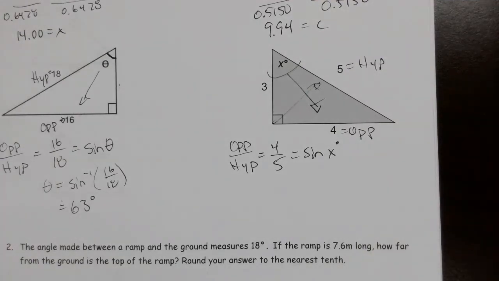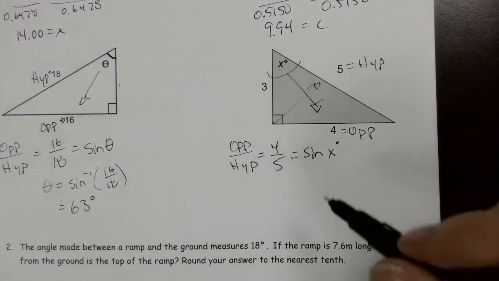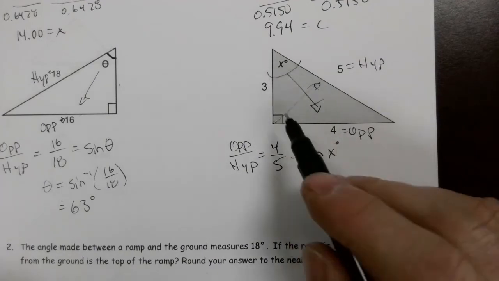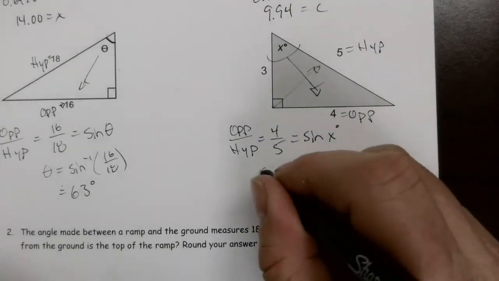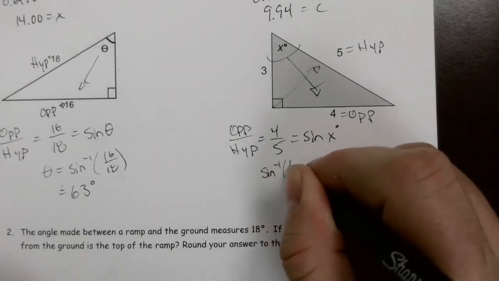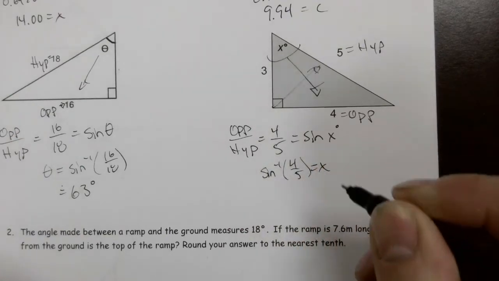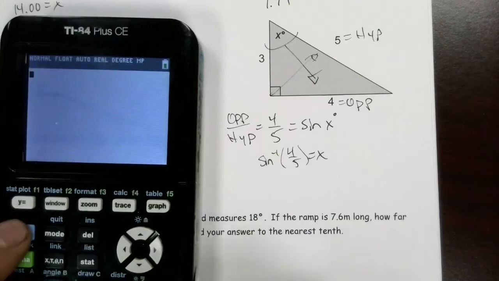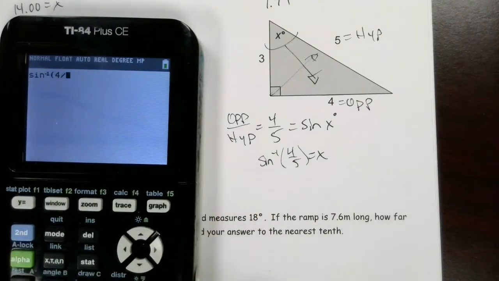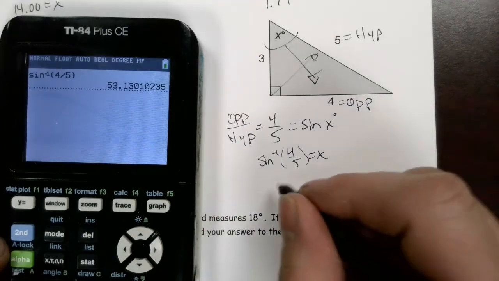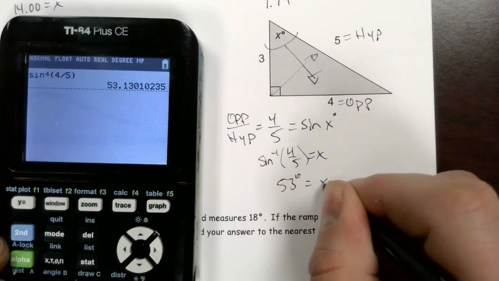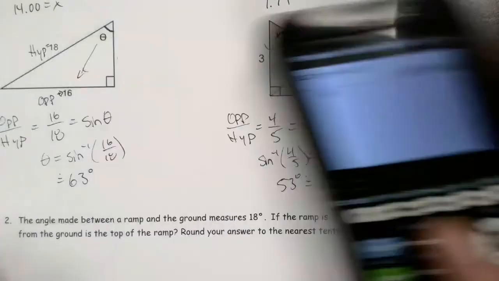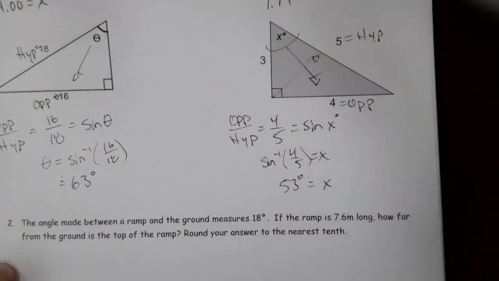And so again here, it's the ratio I've got. What I don't have is that angle that was supposed to give me that ratio. So I use the inverse sine of 4 over 5 to get x, and then I just go to my calculator. Second sine, 4 divided by 5, and I get 53. Approximately 53 degrees. Like I said, we usually round angles to the nearest whole.